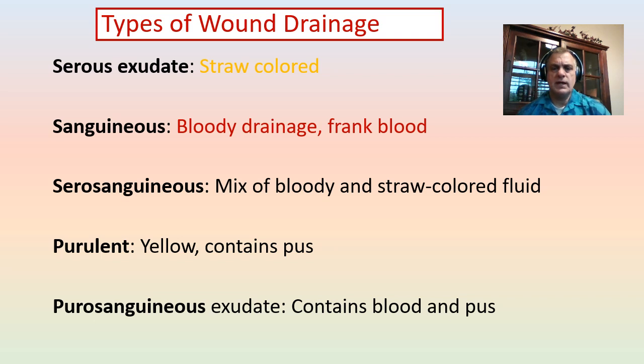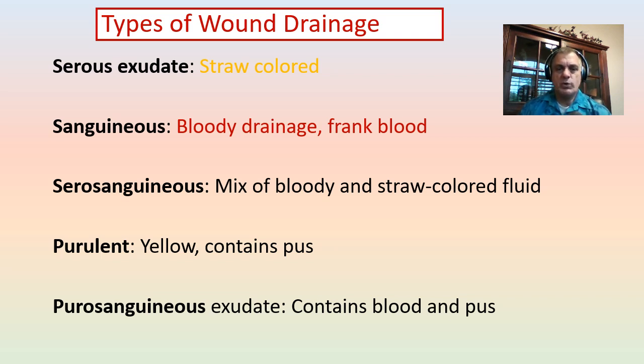Serous is like the color of the plasma portion of blood. It's kind of straw colored, but a little thicker, and it's normal. The wound is healing because the serous drainage is just plasma drainage through the tissue, so it's not as significant.